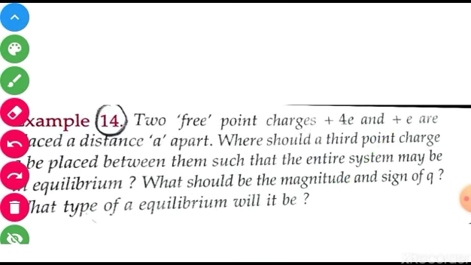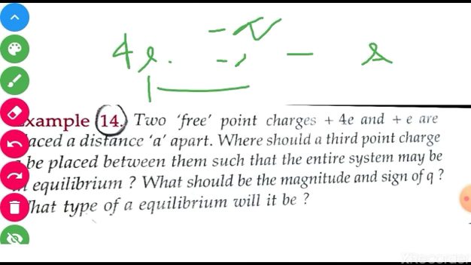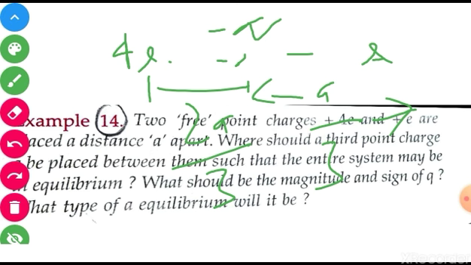Now, coming to the other part of the question, we have to check the equilibrium of this particle. We know that we have to put a minus q charge. We have 4e charge here, we have e charge here. Now we know that we have to put a minus q charge here, which should be at a distance 2a by 3 from 4e. Hence its distance from e will be a by 3, because this whole distance should be a.